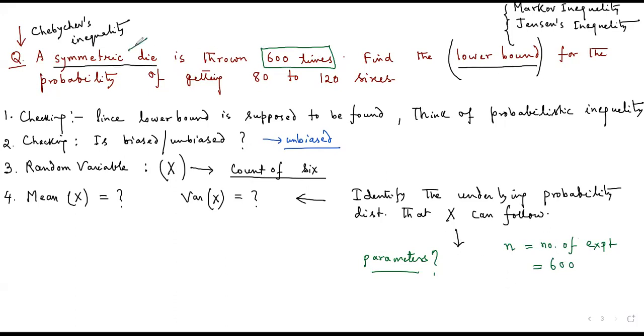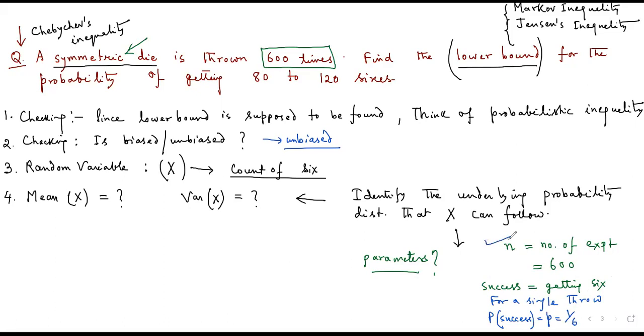And since it is a symmetric die, and we are interested in finding the 6 on the upper face, here the success is defined to be getting 6. And we know for a single throw, the probability of success, which we denote by small p, is equal to 1/6.